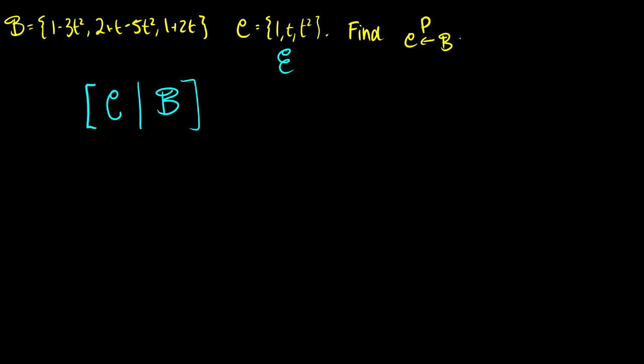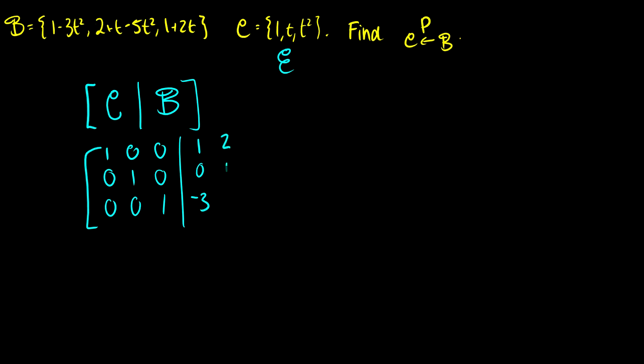So C is going to look like 1, 0, 0, because that's what the 1 represents, the t represents the vector 0, 1, 0, t squared is 0, 0, 1, and then for our basis B, 1 minus 3t squared is 1, 0, negative 3, then 2, 1, negative 5, and 1, 2, 0. Oh, but look at this.